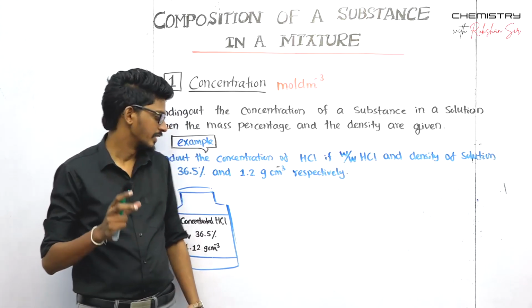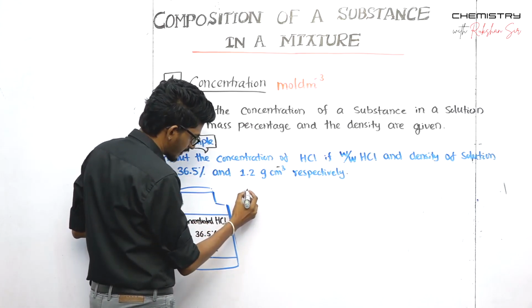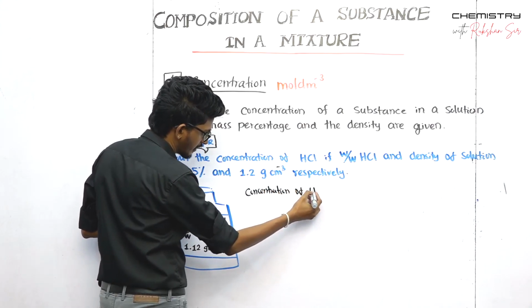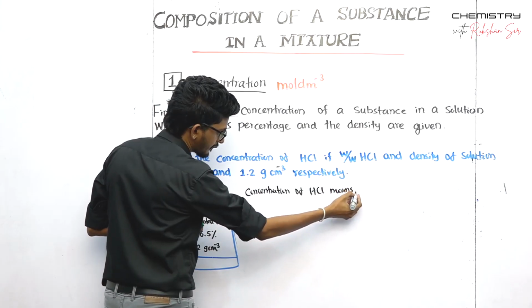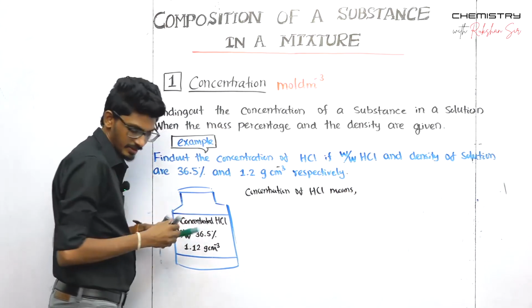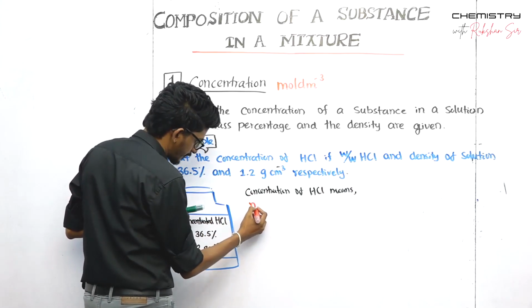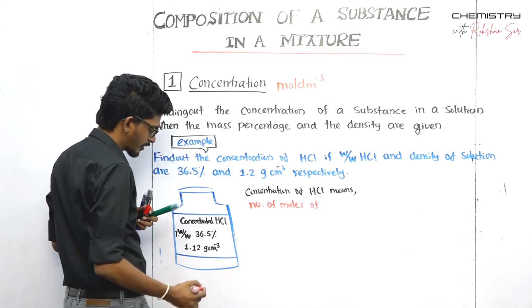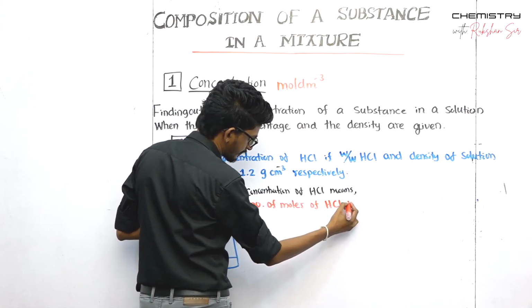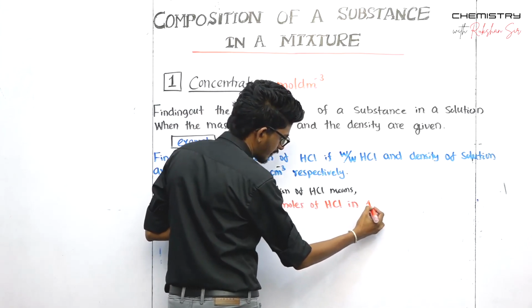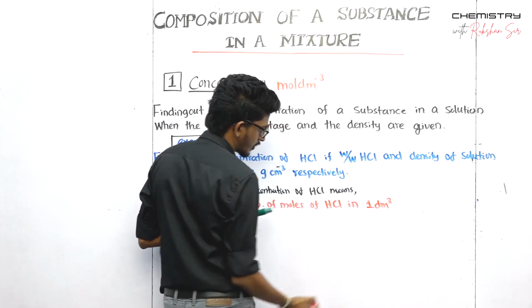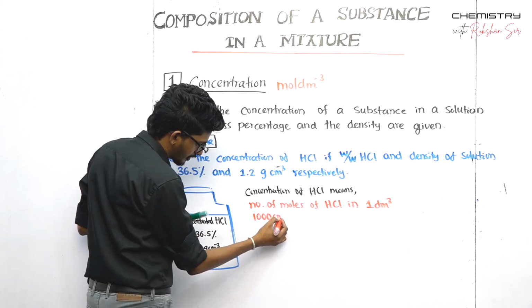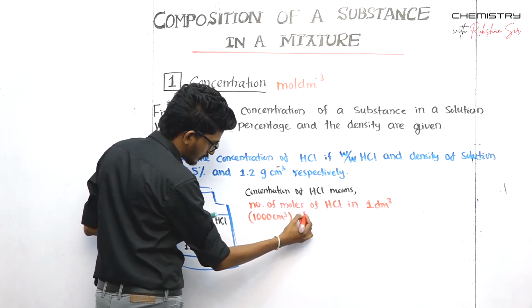So the concentration of HCl means the number of moles of HCl in 1 decimeter cube, or one can say 1000 centimeter cubes, of solution.